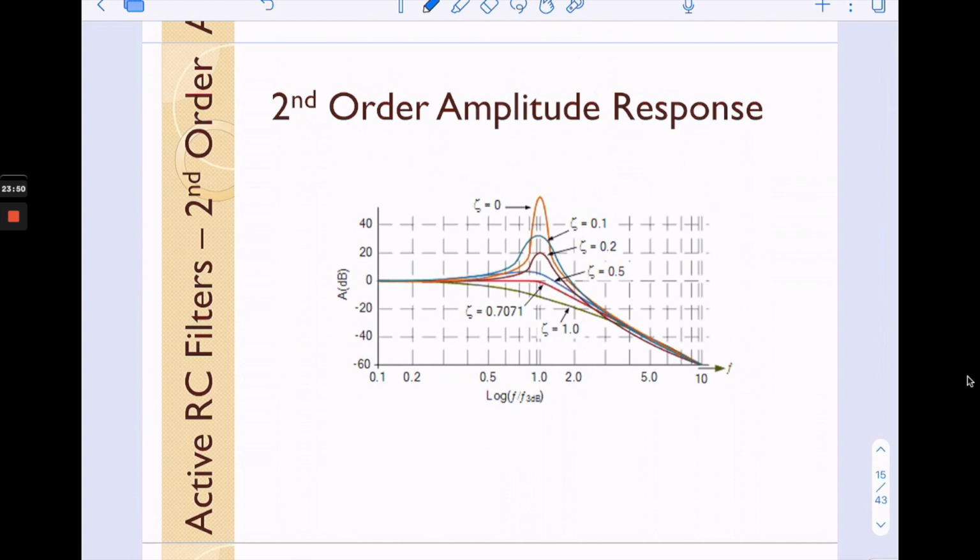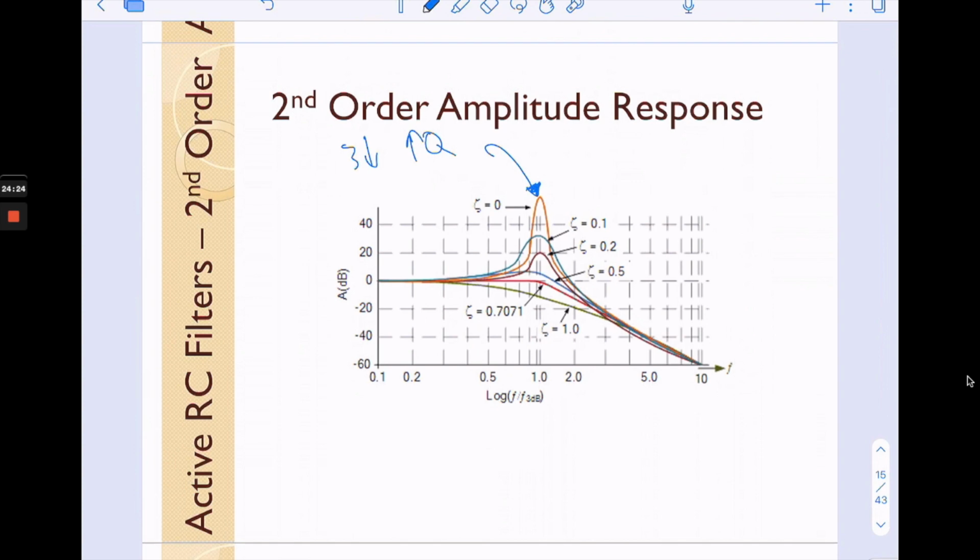If we have a low value of zeta, which means a high value of quality factor, you get a response that has a peak on the cutoff frequency region. So the higher the value of Q or the lower the value of zeta, the higher the peak will be.